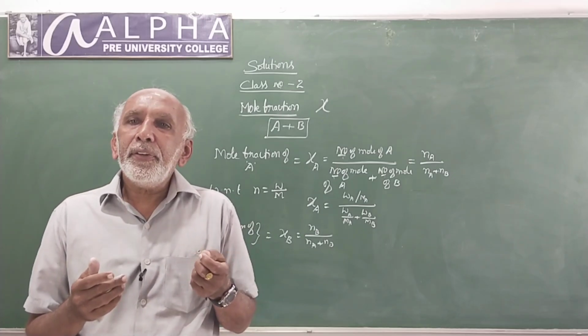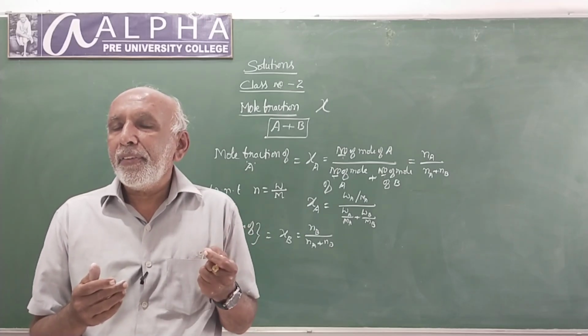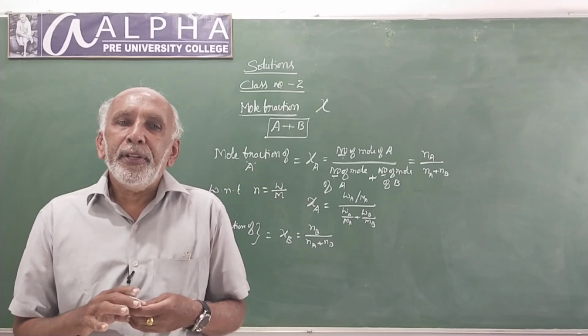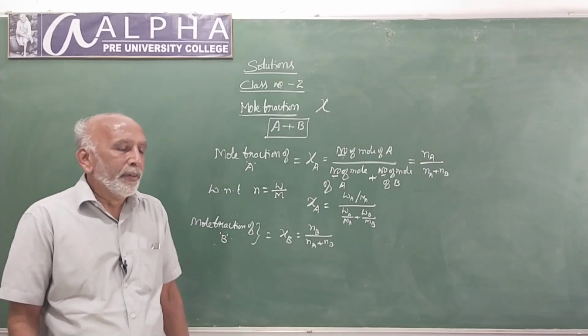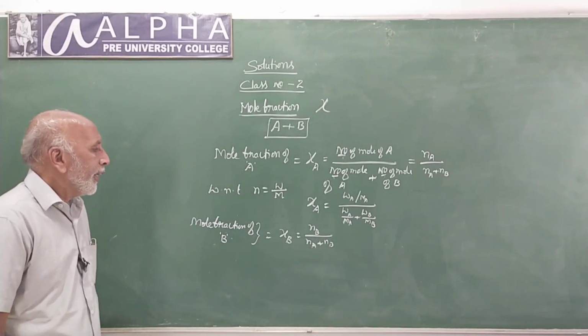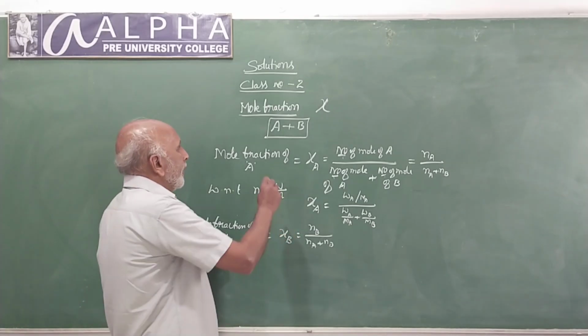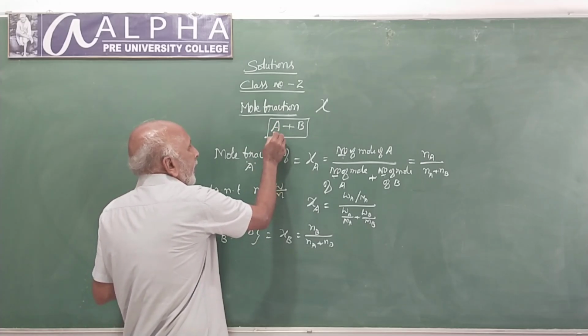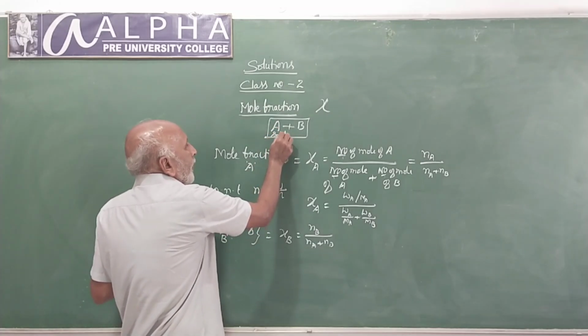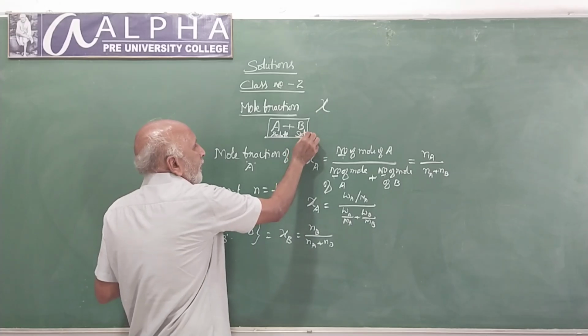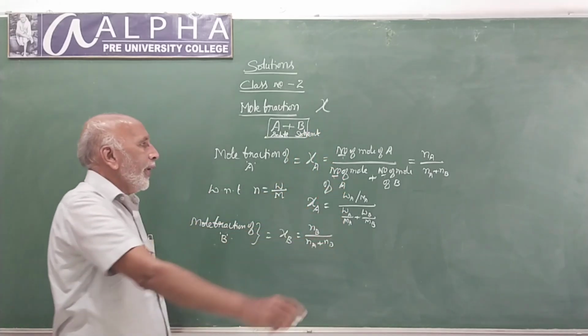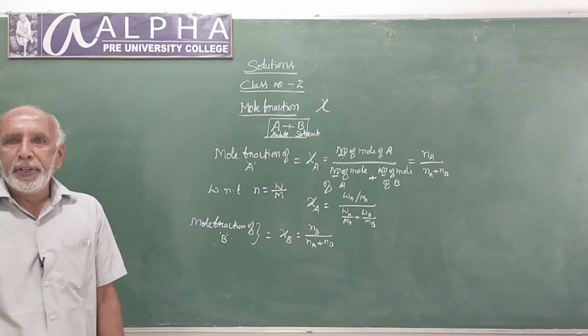So, amount of solute is very less compared to the solvent in case of dilute solution. Here in this case A is the solute, B is the solvent.